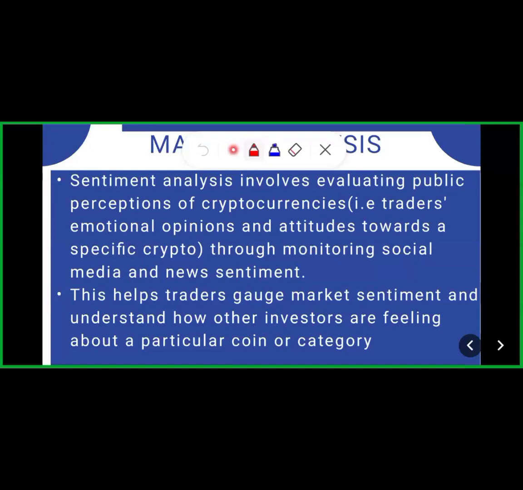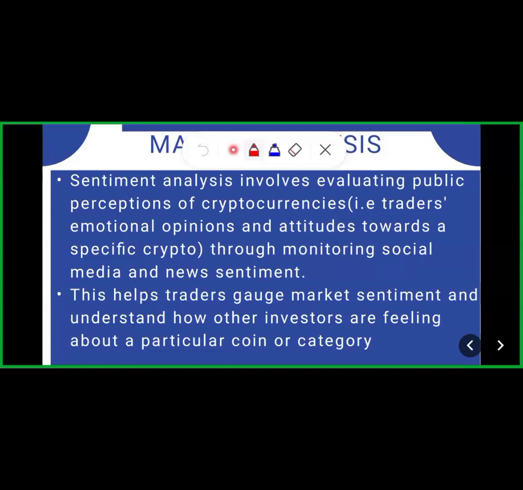Recently there was a lot of speculation regarding BTC ETFs. When it was approved, Bitcoin surged and moved higher. But after the event, after the ETF approval, the price had to drop again.